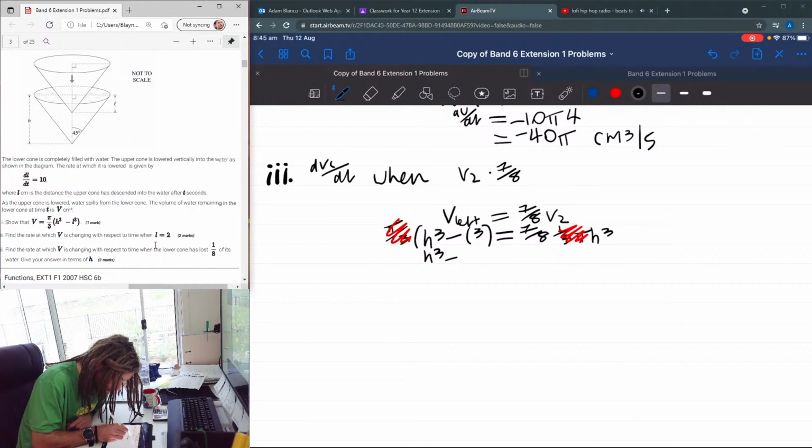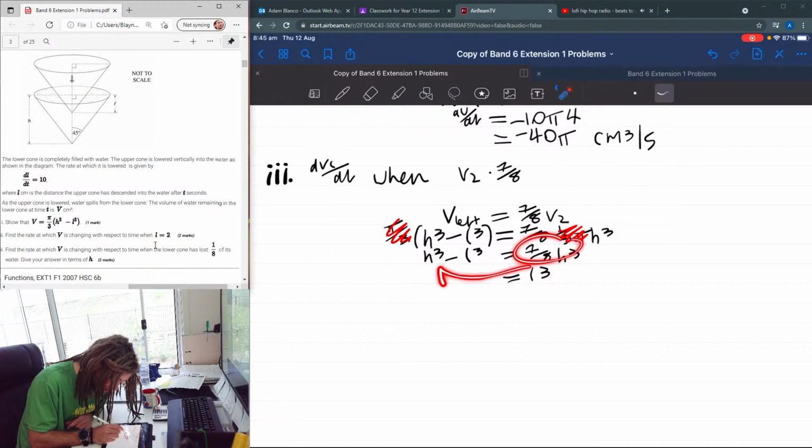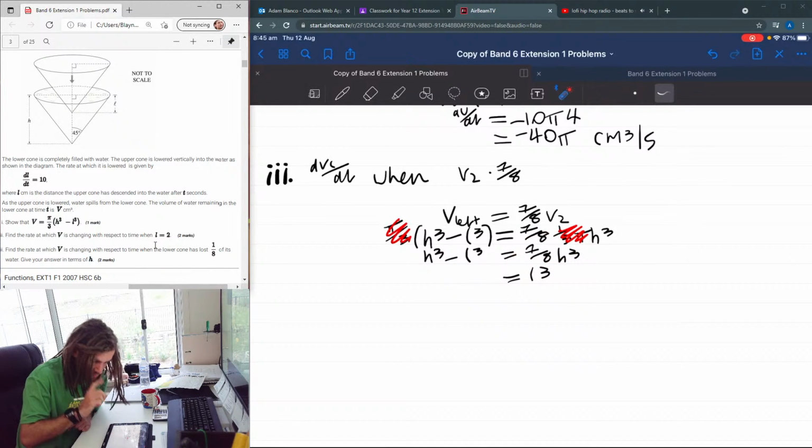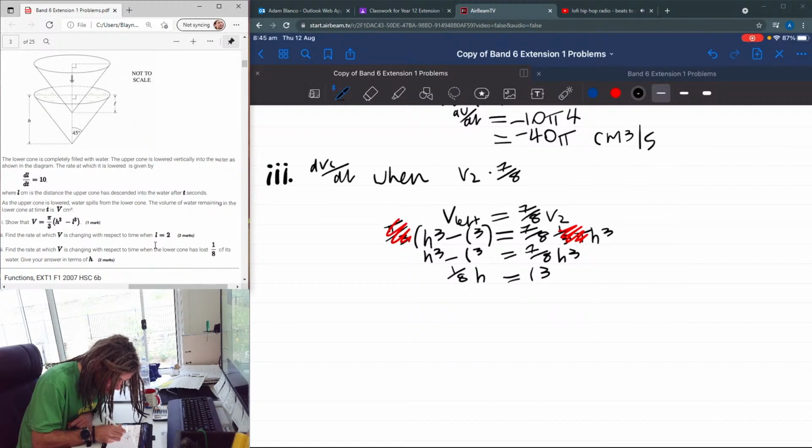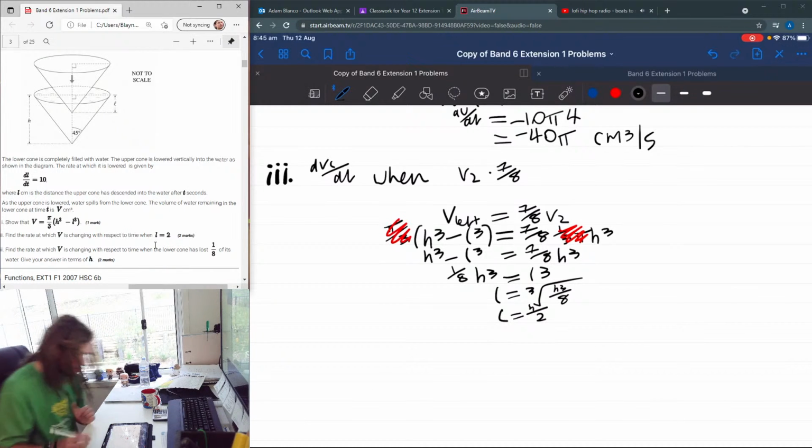So that's just h cubed minus l cubed equals 7/8 h cubed. If I move everything over, that's going to be l cubed over here. I'm going to have 1 minus 7 on 8, so that's just 1 on 8 h cubed. L is going to be the cube root of all of that, so h cubed on 8, which is going to be h on 2. Okay, so L is h on 2.